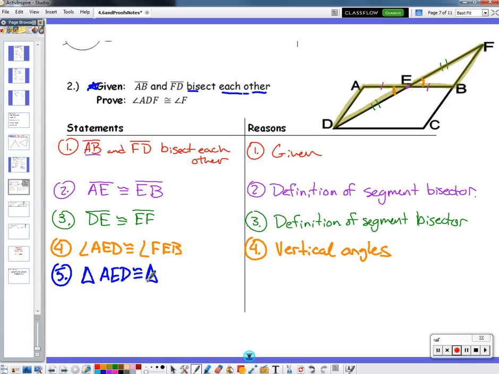I'm going from A to E to D. So watch up here. A, E, D. So if I'm going from A to E, which corresponding side goes from A to E on the other triangle? B to E, and then E to D means I'm going to go to E to F, right? So I'm going to name this triangle BEF.